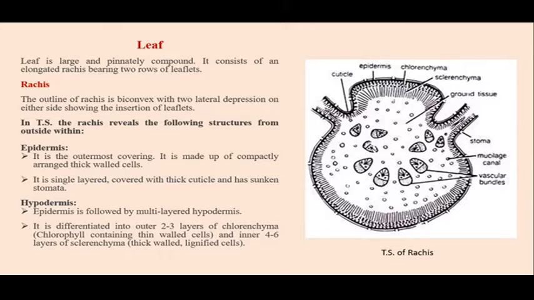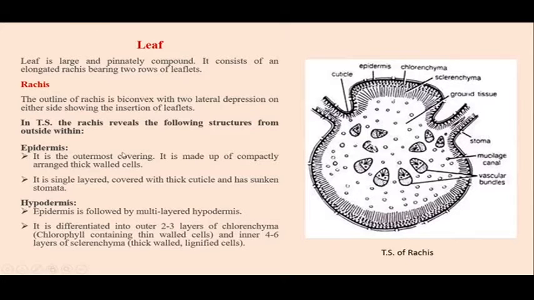Next about the leaf. Leaf in case of cycas is large and pinnately compound. It consists of an elongated rachis which bears two rows of leaflets. Next start with rachis. Outline of rachis is biconvex. It shows two convexities.